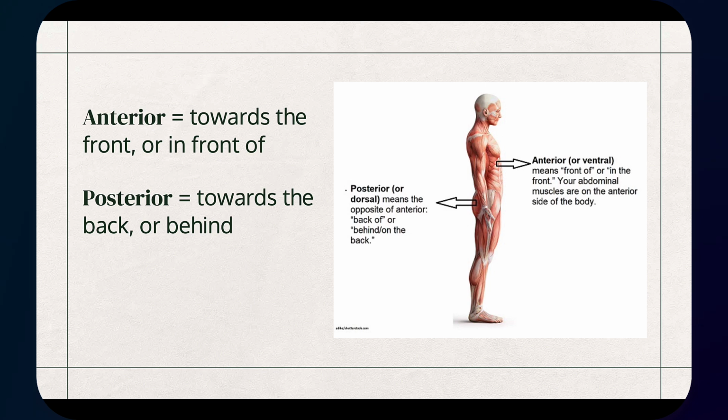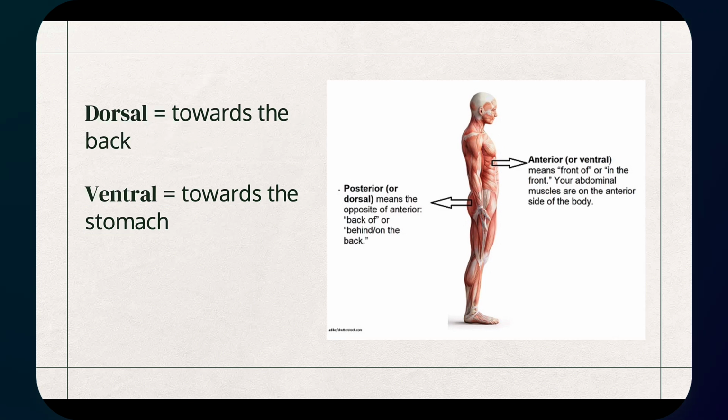Anterior means that something is more towards the front or in front of something else. Posterior means it's towards the back or behind. Dorsal and ventral are interesting terms. Dorsal means towards the back and ventral means towards the stomach.